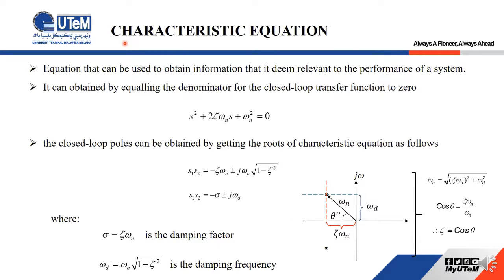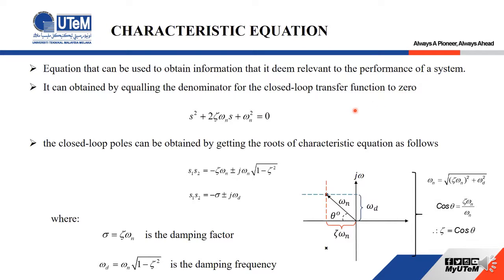Characteristic equation. So what is the characteristic equation? This refers to the equation that can be used to obtain information that is deemed relevant to the performance of a system. It can be obtained by equating the denominator of the closed loop transfer function of the second order system to 0.